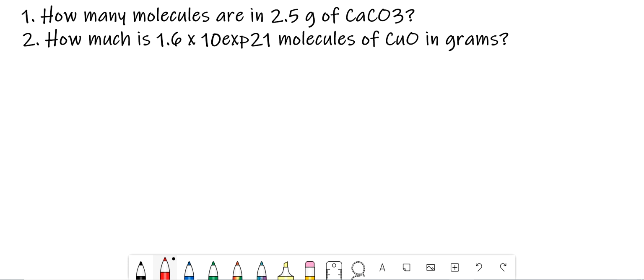Okay, so the first question: how many molecules are in 2.5 grams of calcium carbonate?